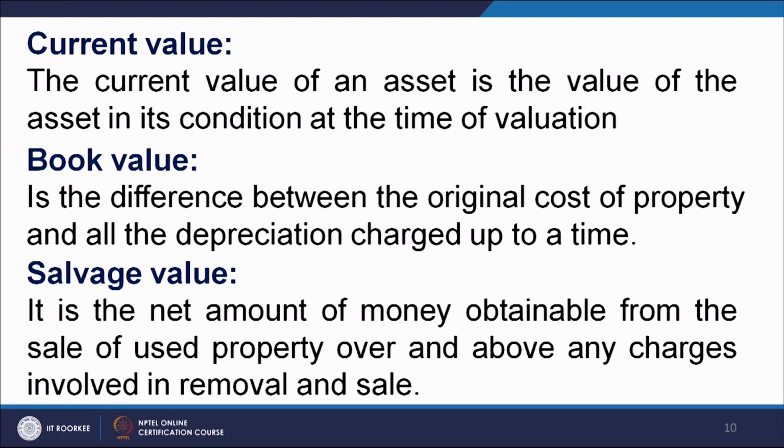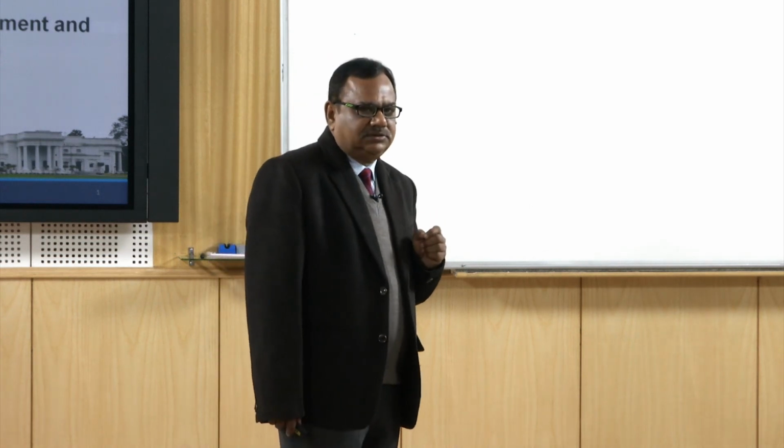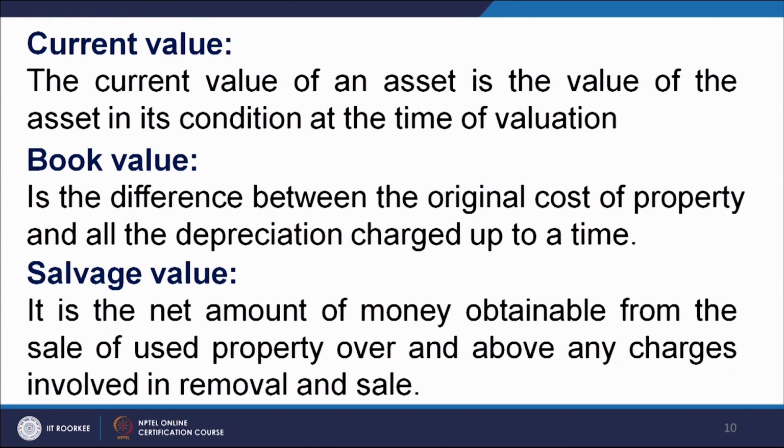Book value, a lot of reference to this book value we will find in our numericals and the computation of depreciation. Now, the book value is defined as the difference between the original cost of property and all the depreciation charges up to a time.